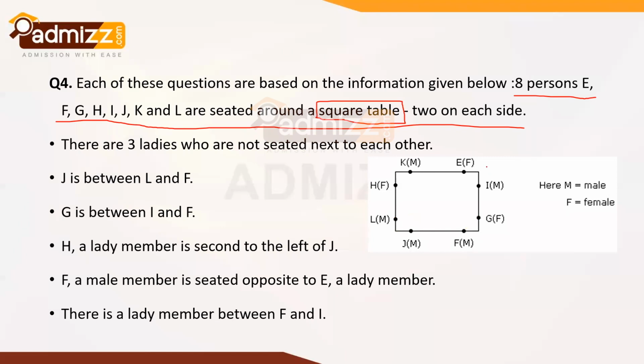Now the thing about these problems is that they can be rotated as well. First, we've got J between L and F. Why did I choose L and F in this particular position and not some other arrangement? Why did I not keep J and L in the same row?